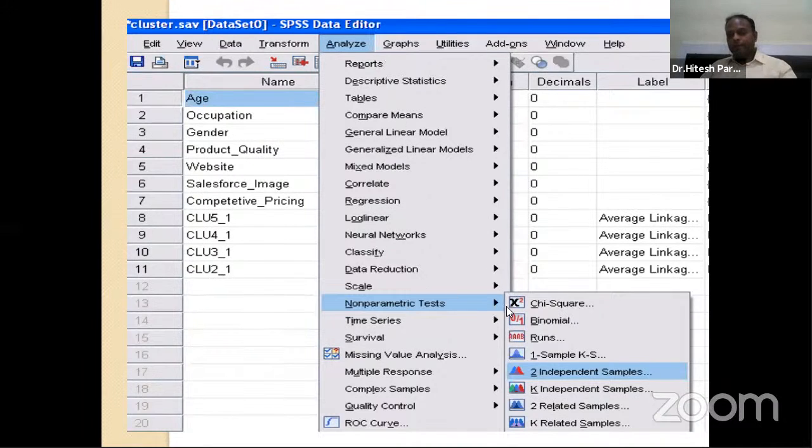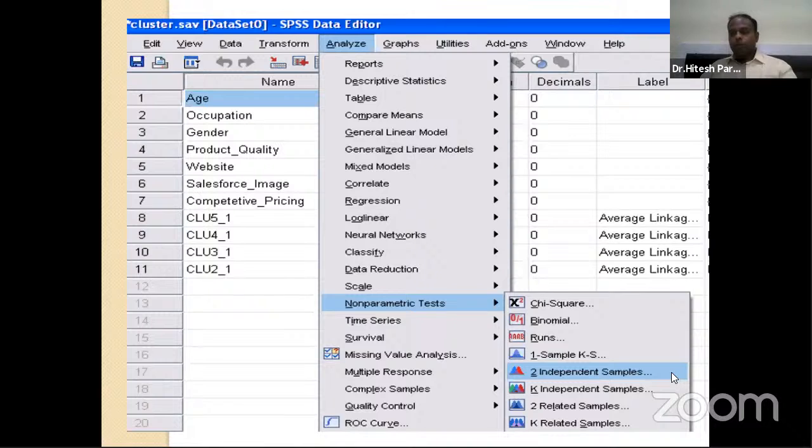If you have version 17 or higher, then Legacy Dialog, and then 2 Independent Samples. If you have the 16th version, Analyze, Non-Parametric and directly 2 Independent Samples.